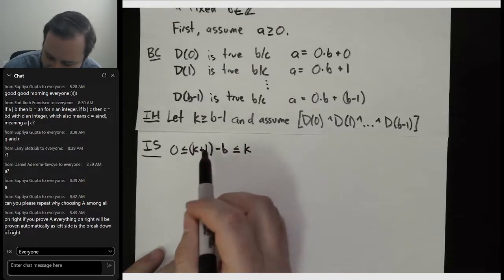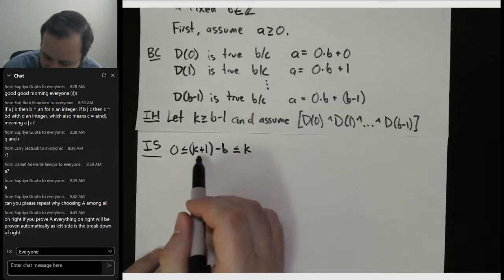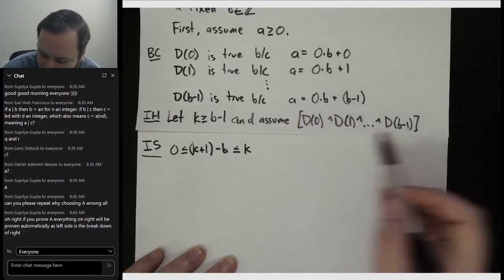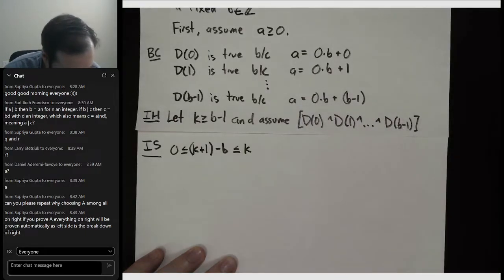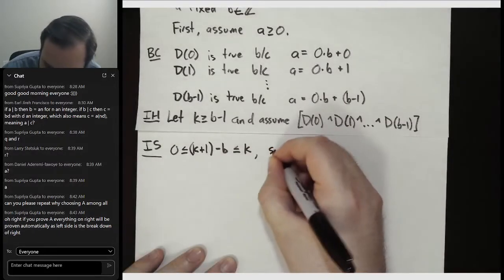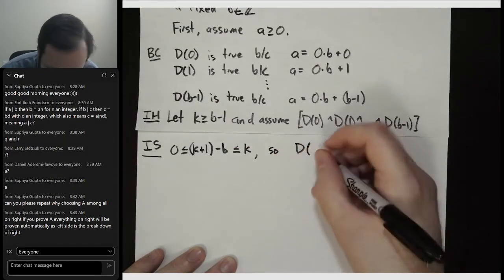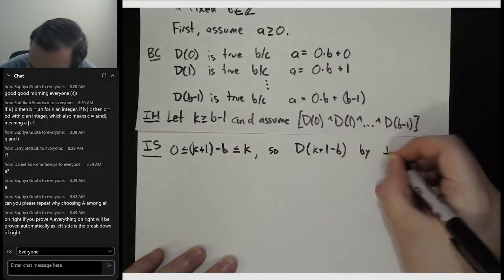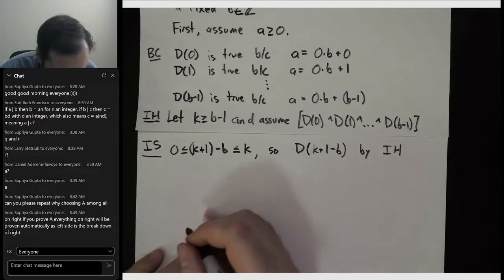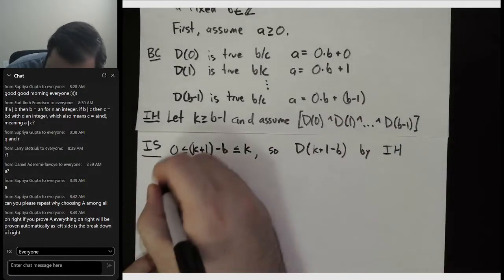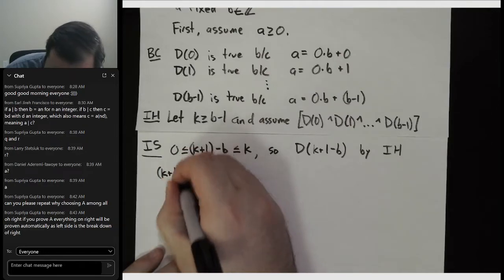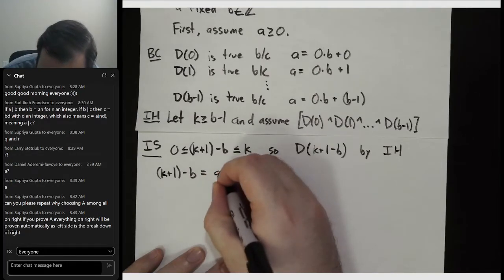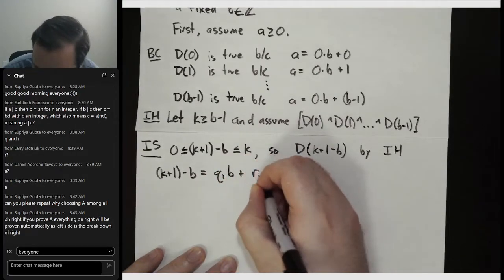The point is that this k plus 1 minus b is one of the things I assumed. It's in my induction hypothesis. So d of k plus 1 minus b holds by induction hypothesis. This means that k plus 1 minus b is equal to some q1 times b plus r1.